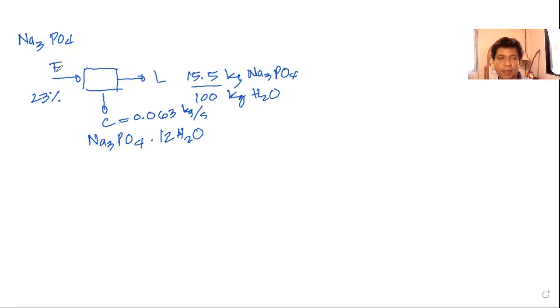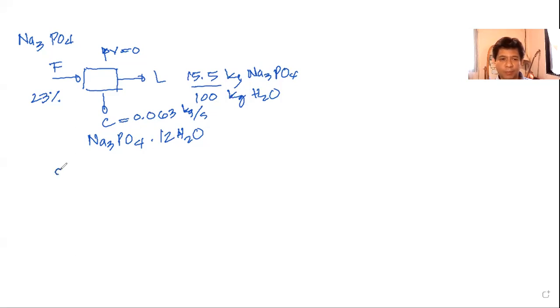So kailangan natin hanapin yung F kasi di ba ang Q natin ay F Cp delta T plus C lambda C. So kailangan natin hanapin yung F para ma-solve natin yung problem. So since this is just a Swenson Walker, pag Swenson Walker, ang B is equal to 0. Bakit equal to 0 ang B? Kasi ang Swenson Walker ay cooling crystallizer. So wala siyang evaporation. No? Question regarding that?